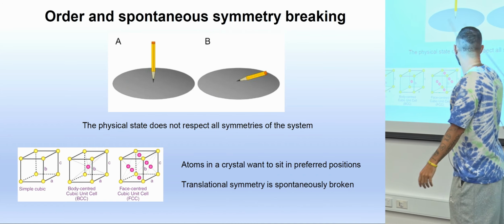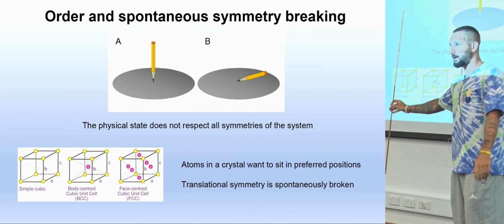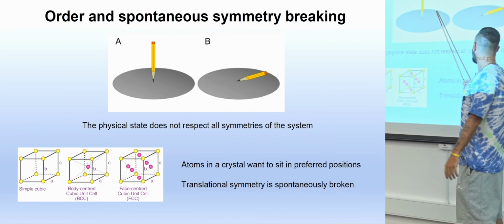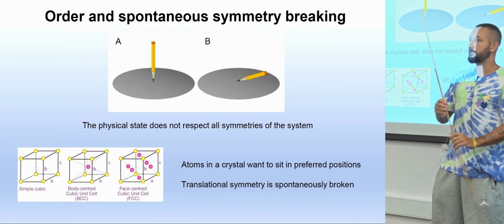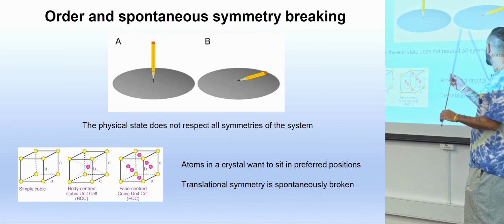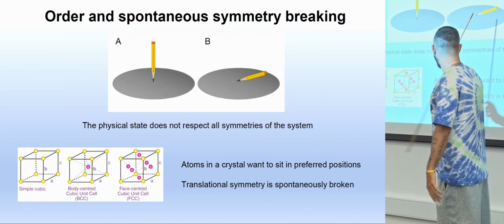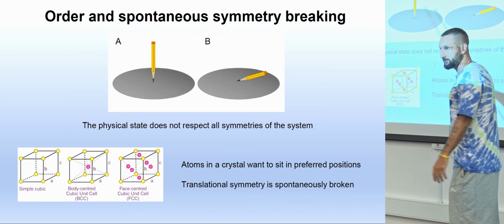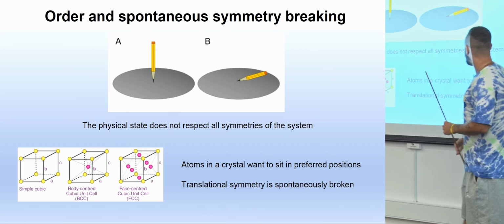The easiest example that I can think of is a plane which has rotational invariance around it, and you put a pencil there. Obviously, if you wait for the system to go to the energetically preferred position, this pencil will fall at a certain point, meaning that the state which minimizes your potential breaks the initial rotational symmetry. Okay? So this is just a cartoon to explain spontaneous symmetry breaking.